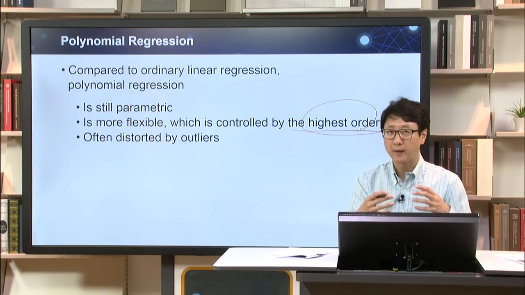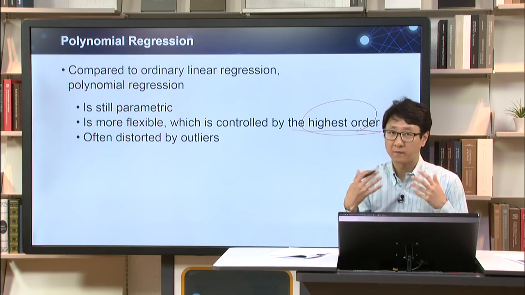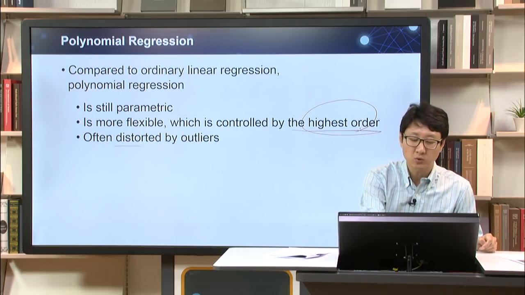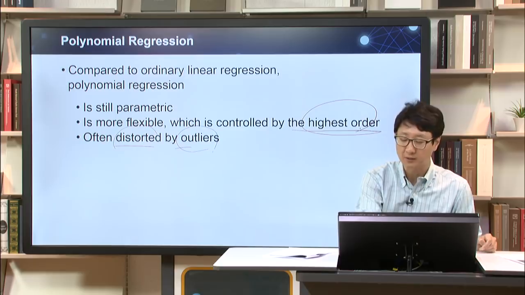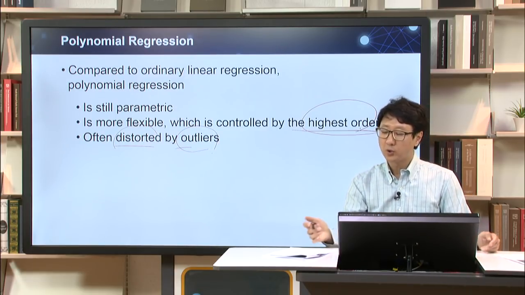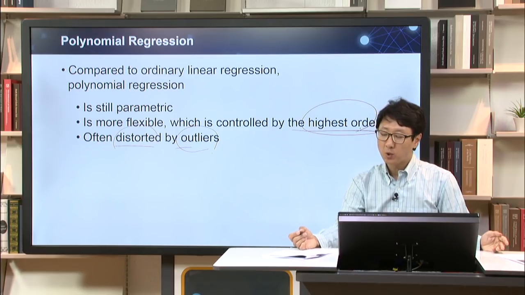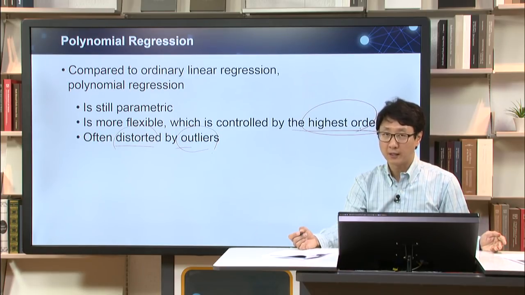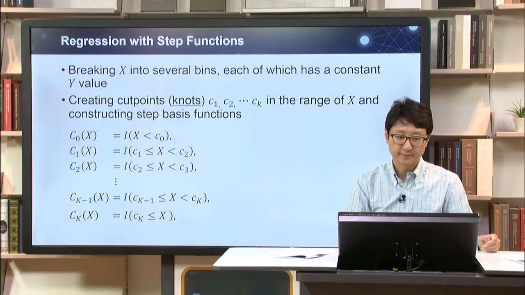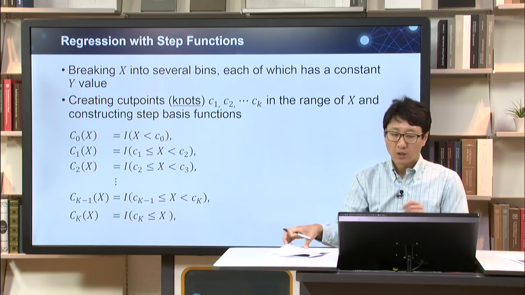Also, because we use third order, fourth order or higher order terms, definitely it is much easier to be distorted by outliers. Even with such disadvantages, polynomial regression is still a good solution to model nonlinear relations.